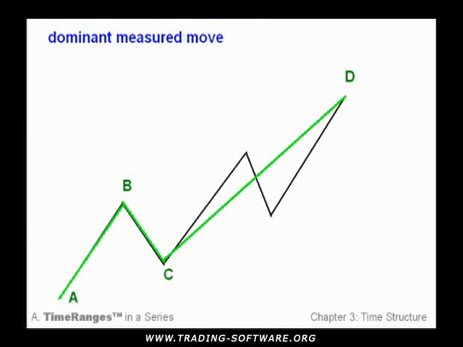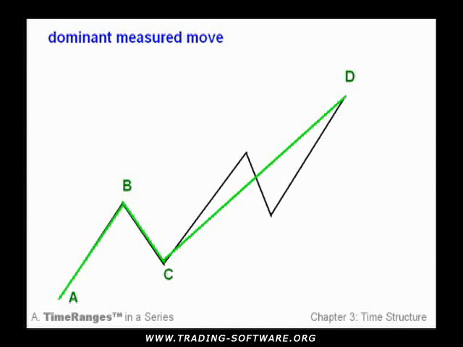In other words, C to D has been overstretched, overbought. And on top of that, it did not go up straight. It went up with a little measured move. So what that tells you is that once you break above a narrower time range, everything else being the same, which is right about here, then the end is near. You may be coming to an end of a move.